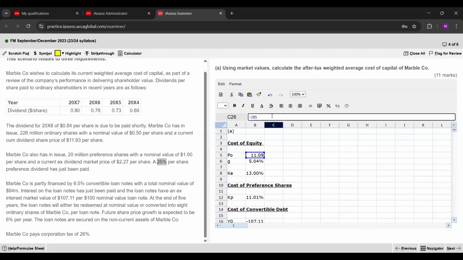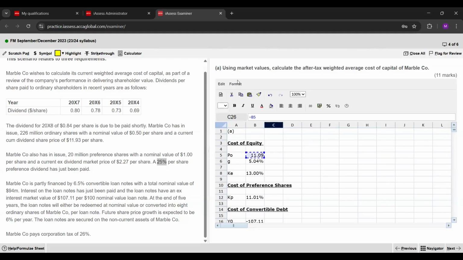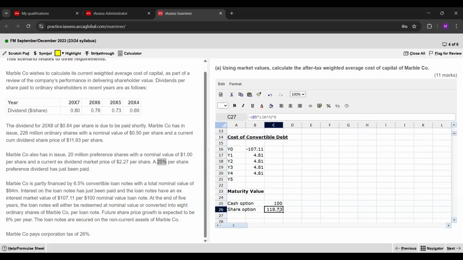The shares are going to grow at a rate of 6% per year, so into 1.06 to the power of 5. How many shares are they going to get? 8 ordinary shares. Sorry, type that again: 7.09 into 1.06 to the power of 5 into 8. That gives 118.73. So, as a person with a brain, will you choose to go for the cash option or the share option? What will you choose?